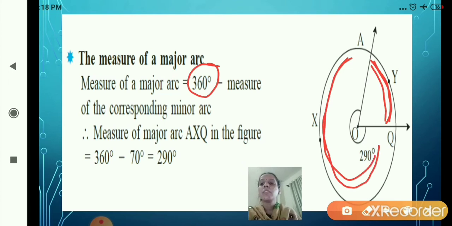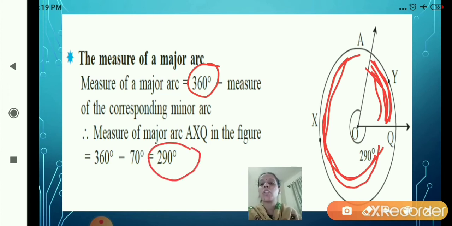Therefore the measure of major arc AXQ in the figure is 360 degree minus 70 degree, since AYQ is 70 degree. So the answer is 290 degree.